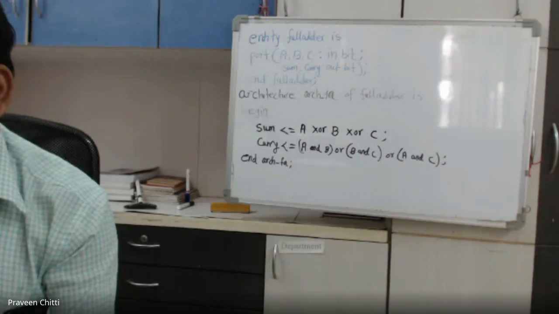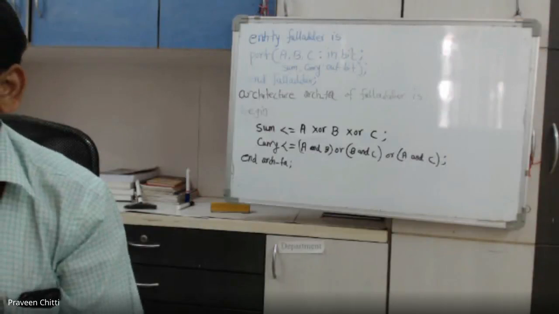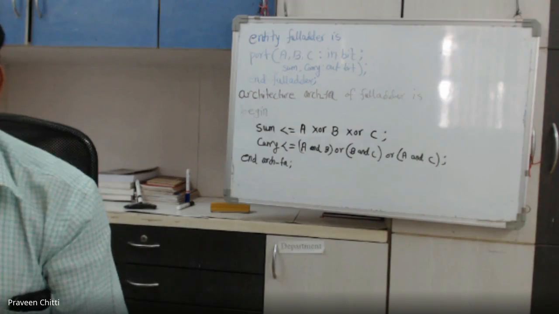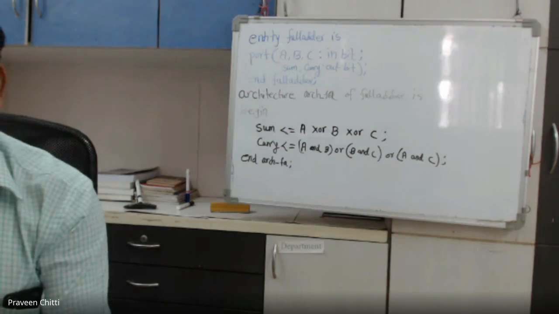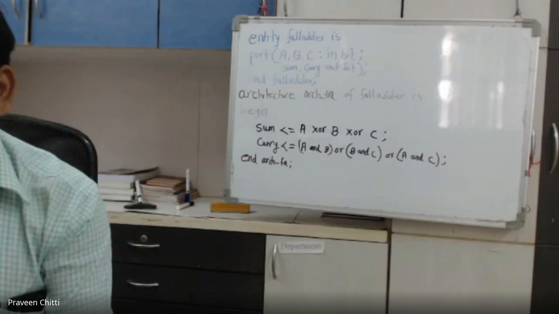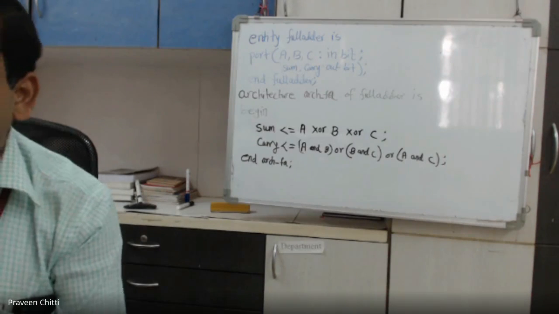Right. So then, can you write one more program, all of you? All of you should write the program. Now write a VHDL program for 4:1 mux. Try it fast.